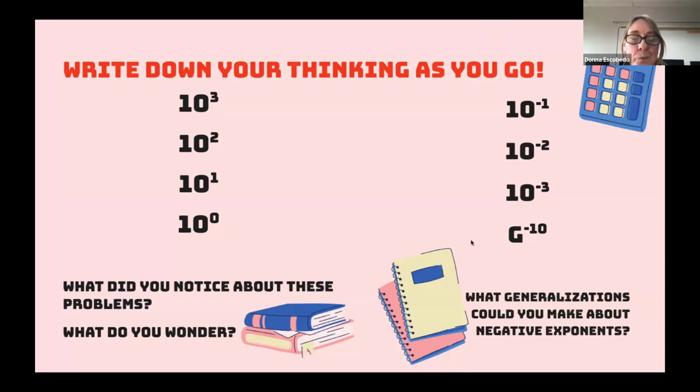So thinking about what we looked at with the exponents, both the positive, the negative, and the zero, what generalizations could you make about when we have the negative exponents?